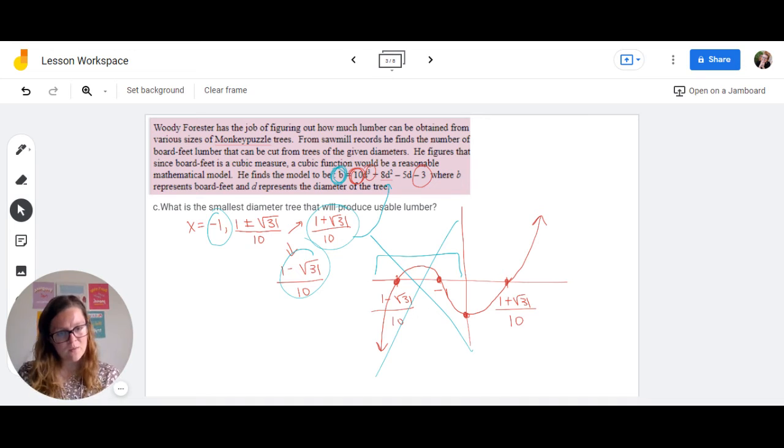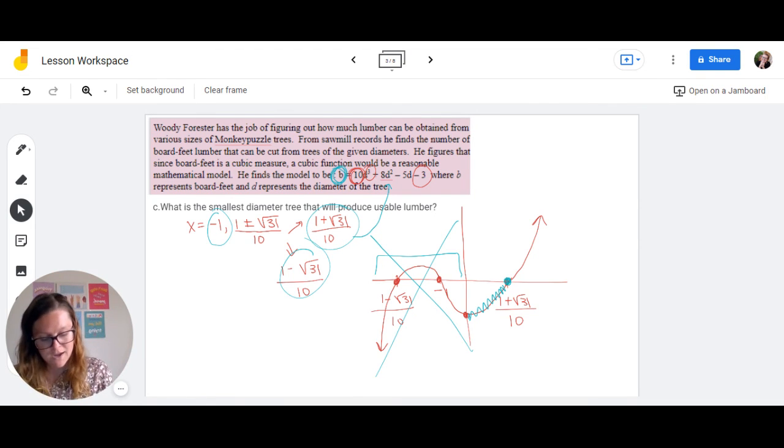And then looking at the right portion, I also don't want a value that's going to produce a negative amount of lumber, right? That doesn't make sense either, so I'm going to cross that off. And at 0, that didn't make sense because I'm producing 0 board feet.